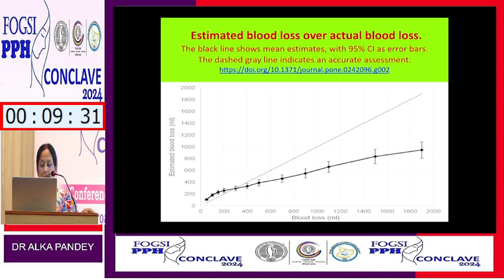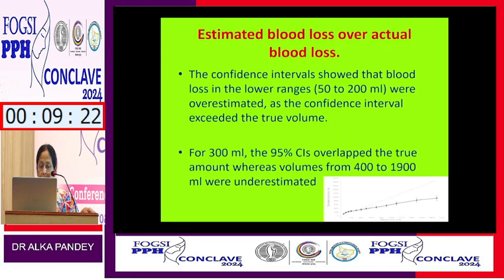So this is the accurate assessment, and the dark line is the real blood loss versus estimated blood loss. The confidence interval showed that blood loss in the lower ranges was overestimated, as the confidence interval exceeded the true volume. For 300 ml, the 95% CIs overlapped the true amount, whereas volumes from 400 to 1900 ml were underestimated.